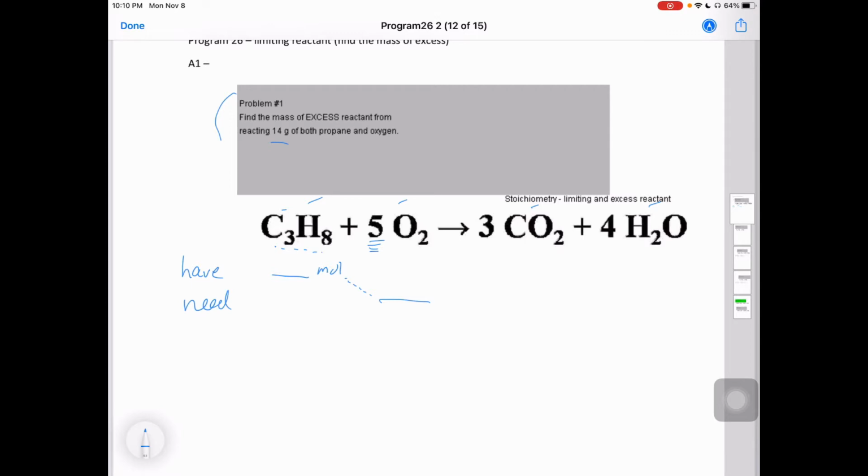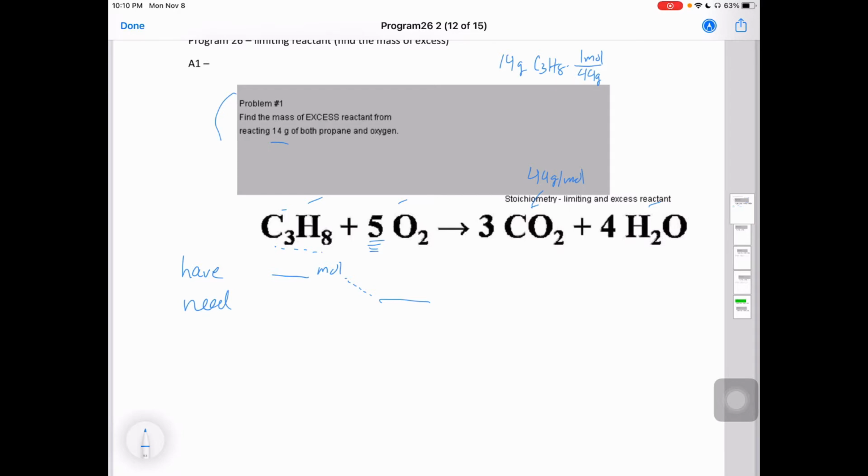So where am I going to do this? Let's go up here, and I've got 14 grams of C3H8. I'm going to convert. If you add up 3 times 12, 36, plus 8, that's 44 grams per mole, which is magically the same as the molar mass of CO2. Kind of interesting.